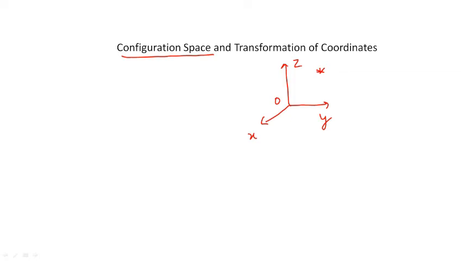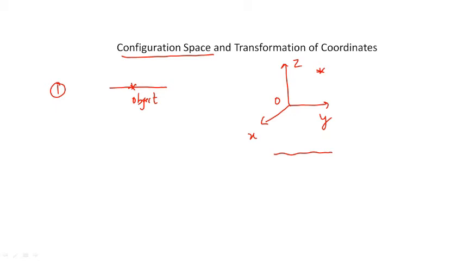Before taking this example, I will take some other examples. Suppose it is a wire and an object is placed here. If we have to specify the position of this object at any time, we will require only one coordinate.